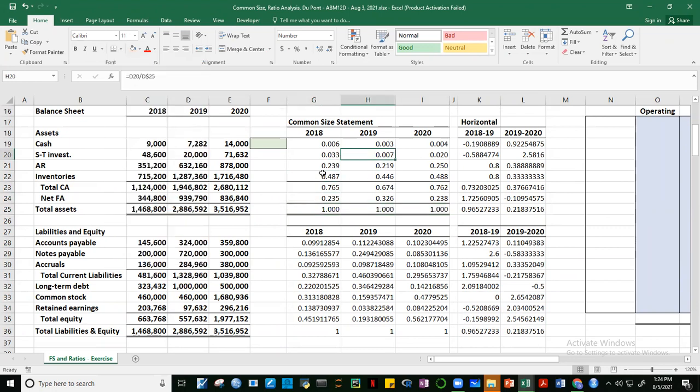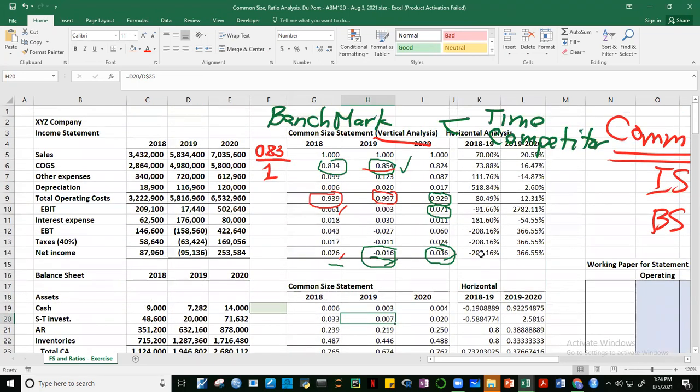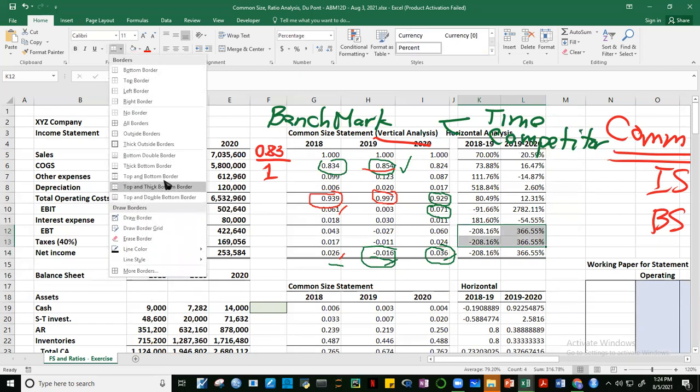Okay, so again, when you prepare your common size statement, dapat pareho yung format, no? You format it in such a way that it's just like the balance sheet or the income statement.